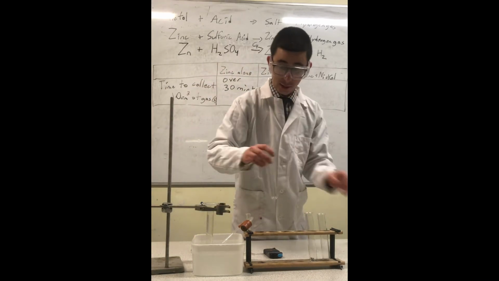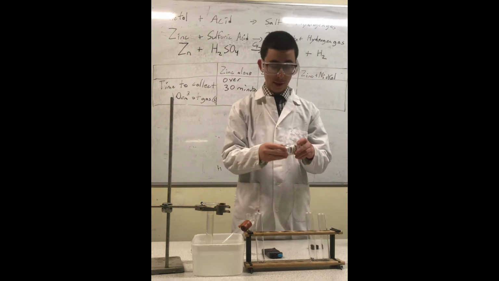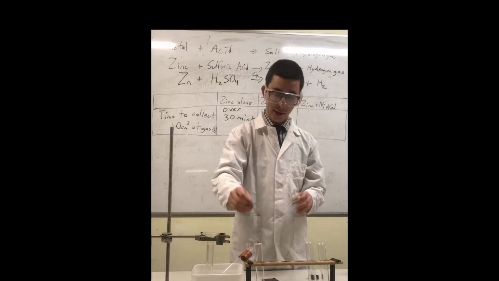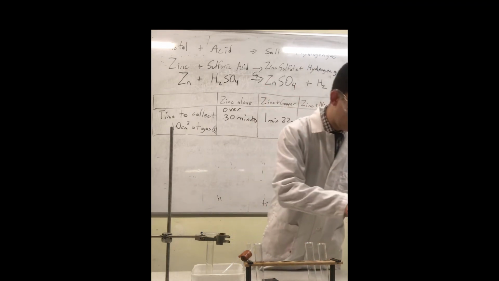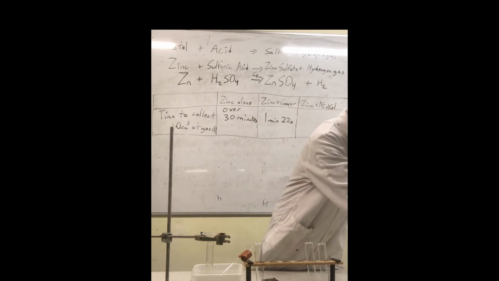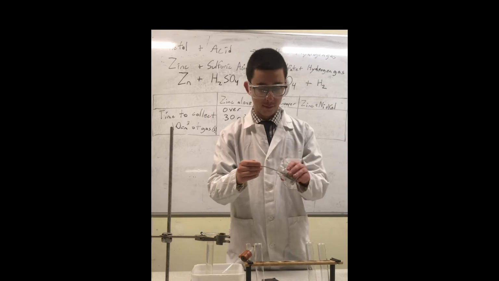For my last test, I will once again be adding zinc metal, but this time I'm going to use nickel as a catalyst instead of copper. Now, as I added 1 spatula of copper, I will also add 1 spatula of nickel.